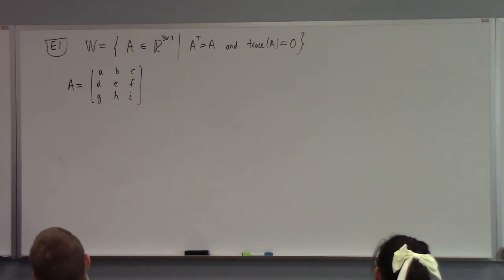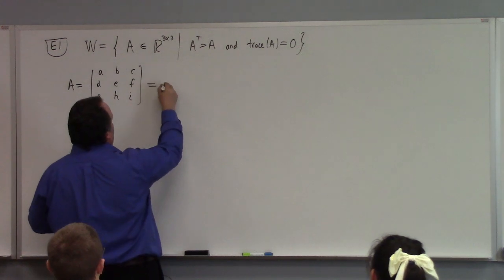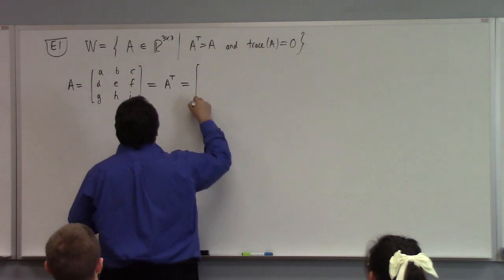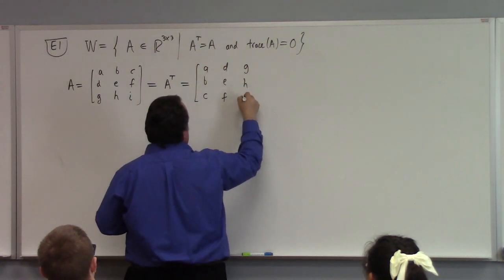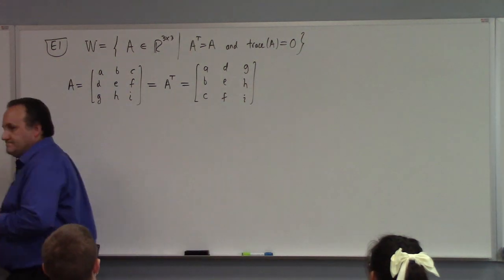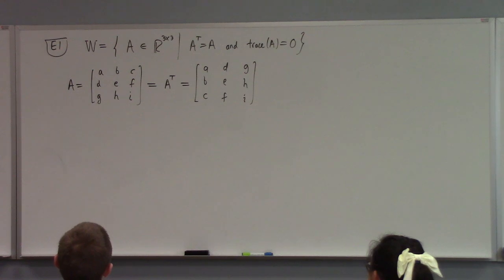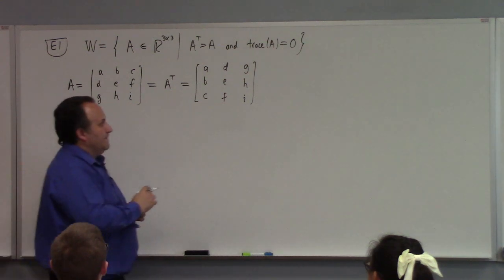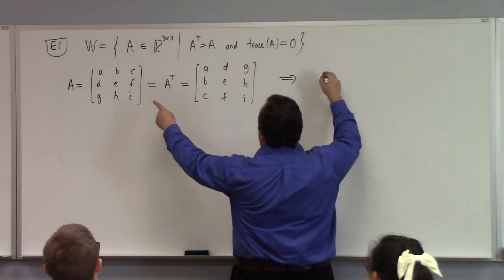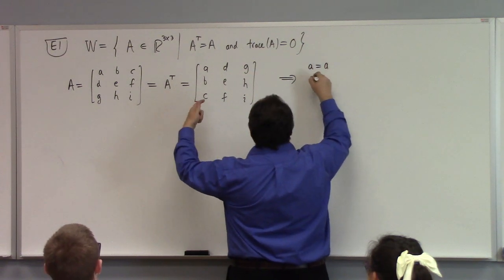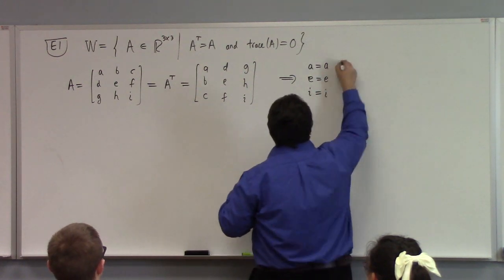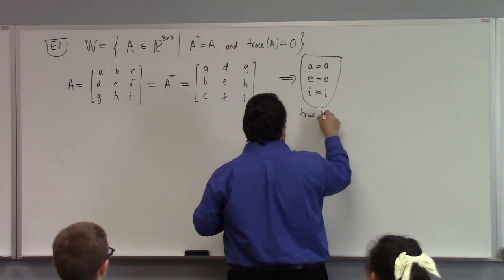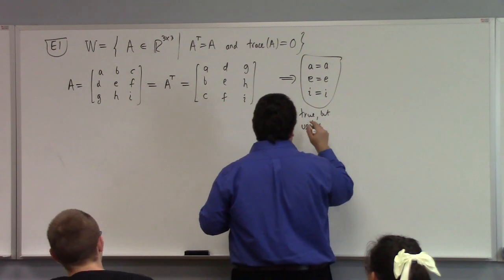What's the condition? This is equal to A transpose, right? Which would be A, B, C, D, E, F, G, H, I. Those are equal. What does that tell me? A equals A, E equals E, I equals I. True, but useless, right?